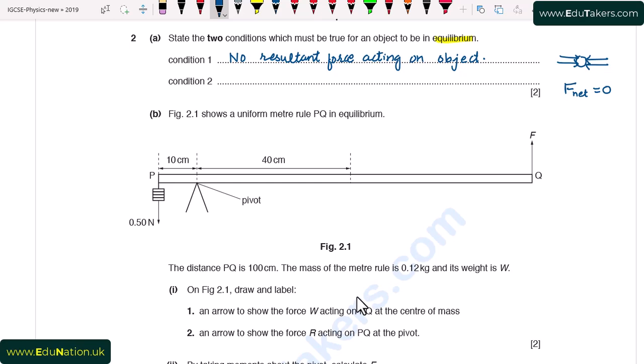So I write here clockwise moment must be equal to anti-clockwise moment.